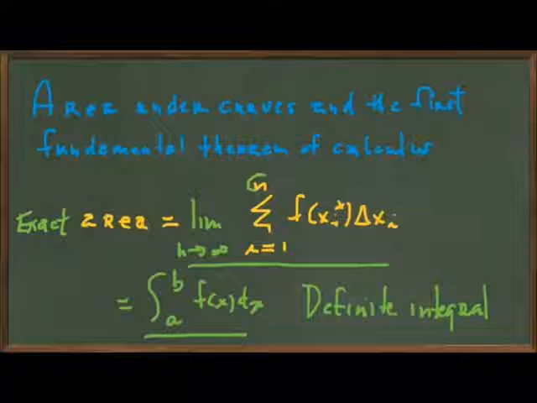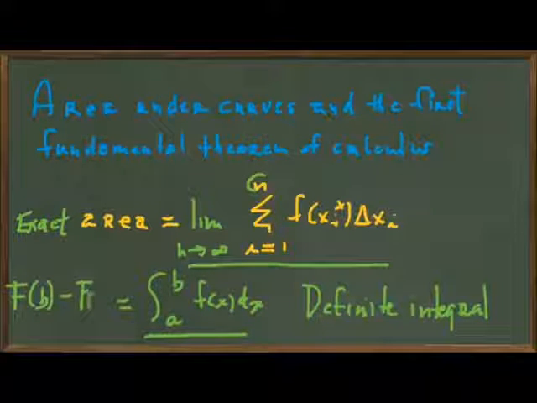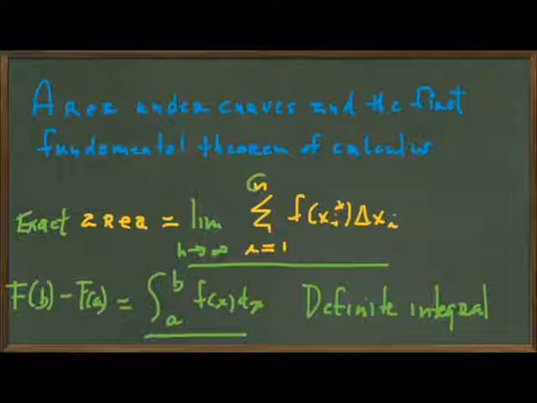And what we'll find out is that it turns out to be this difference, capital F of b minus capital F of a, but we're going to have to, on the next blackboards, define what we mean by the function capital F. We're going to have to do that very specifically. So let's move to the next blackboard.